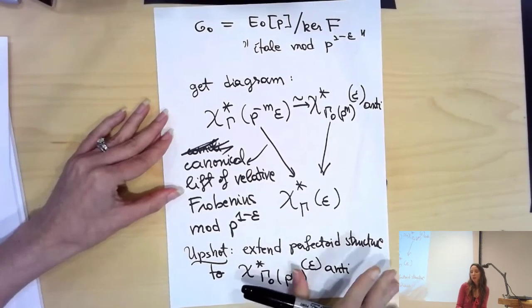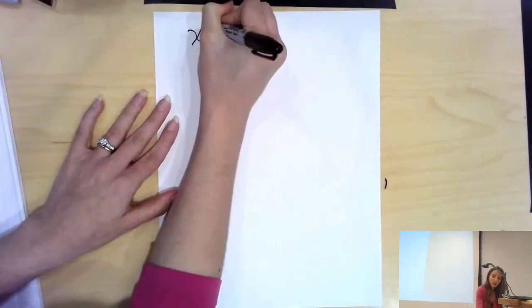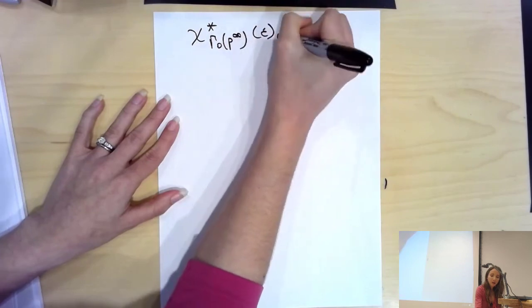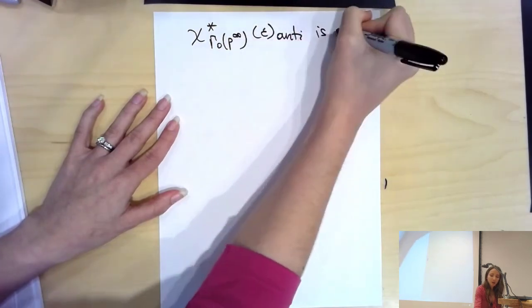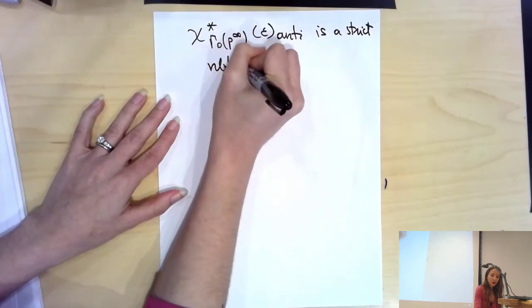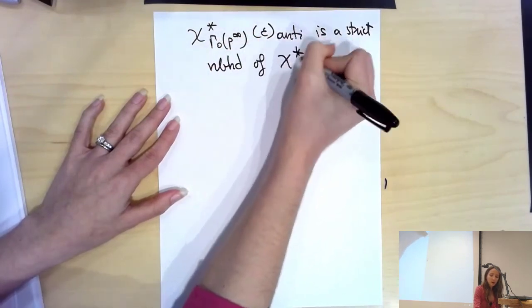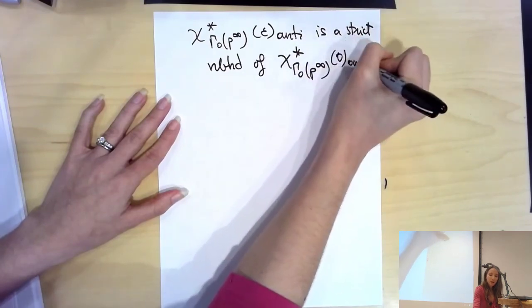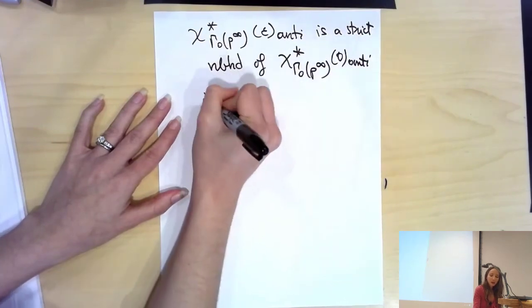So this is going to be a strict neighborhood of the anti-canonical locus. So x star gamma naught p infinity epsilon anti is a strict neighborhood of x star gamma naught p infinity 0 anti inside the ambient space.